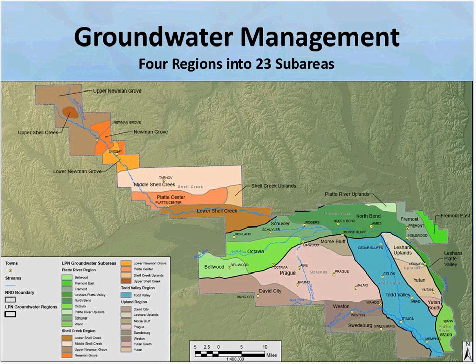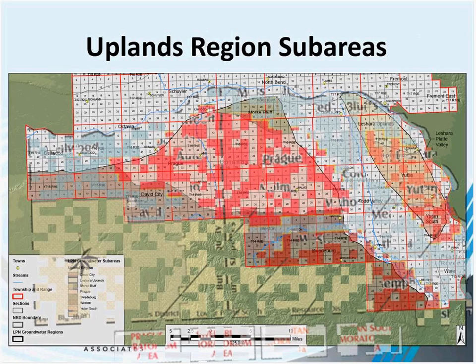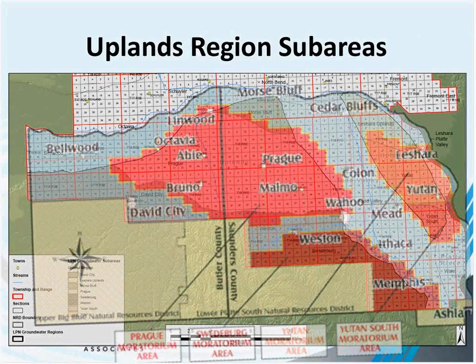And using those maps, what we were able to do was subdivide the Uplands region into several smaller regions. And then we gave the information to the NRD, and they decided where to restrict additional well development or not based on these aquifer maps. So they came up with a map that they overlaid on top of ours, saying, based on what we know about the aquifers, this area here in red in the center should have some restrictions to well development.